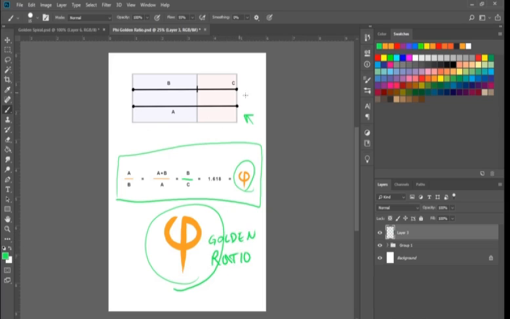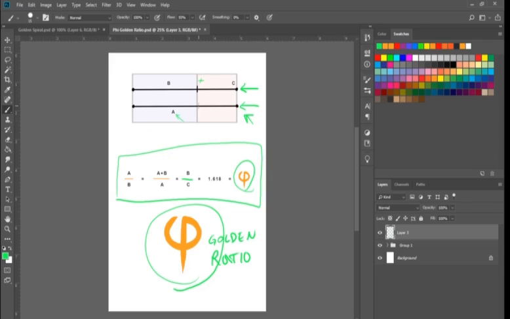Okay, so we have two line segments here. Line segment 1, line segment 2, both are the exact same length. B plus C is A. Makes sense? Same length. So what the golden ratio is, if we take this line of A and divide it at one particular point, we get a special system that works perfectly.